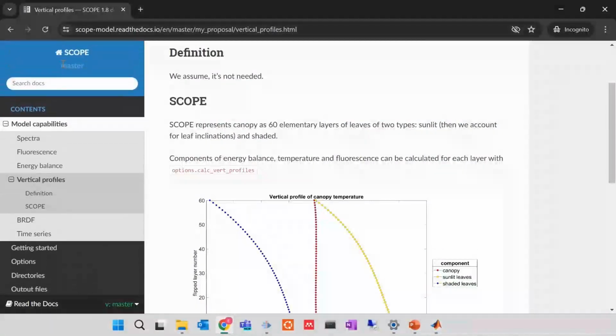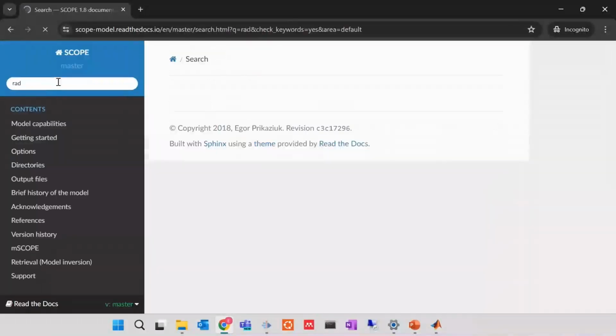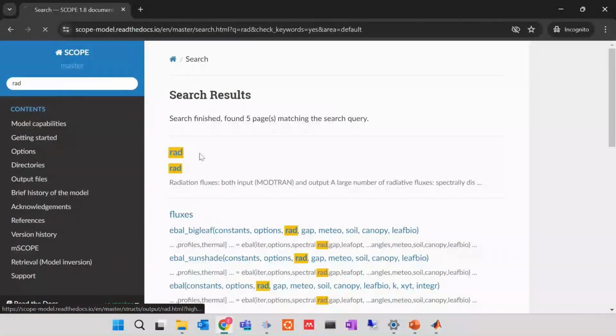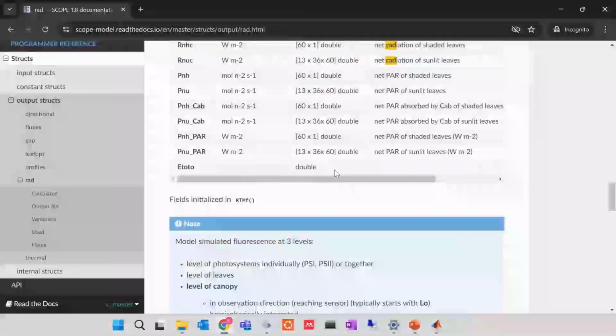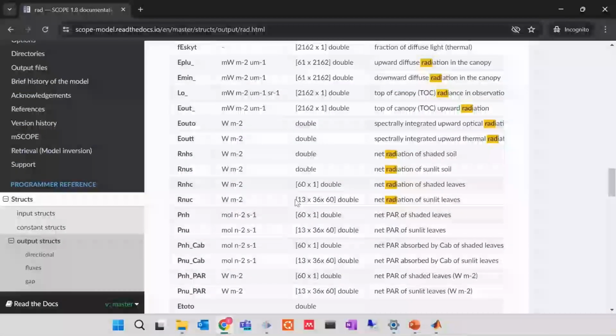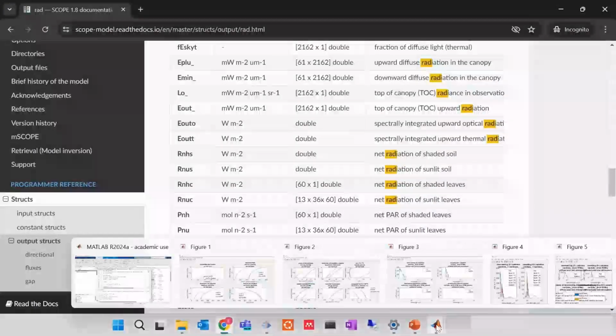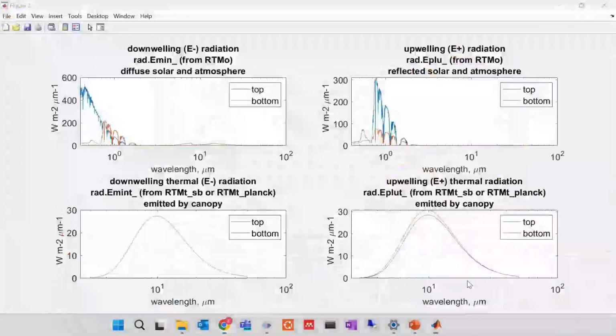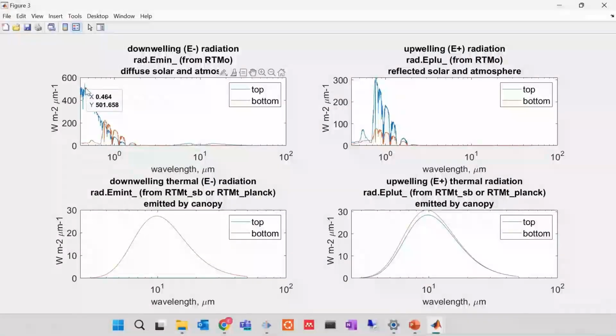So if you're interested in what is inside this structure, you can click here and search in the documentation and see which exactly fields are there, and the fields that have dimensions of 60 layers, for example, are of our interest now.